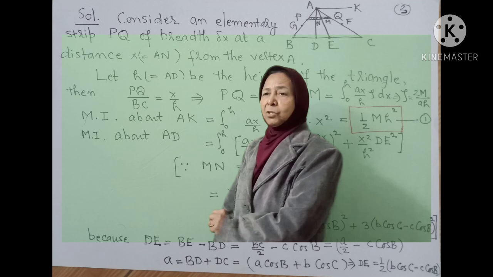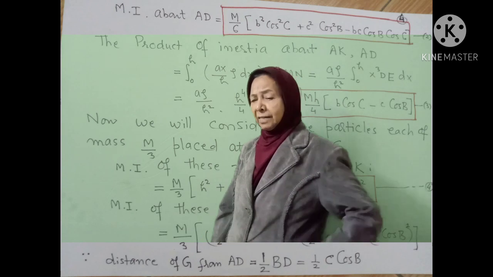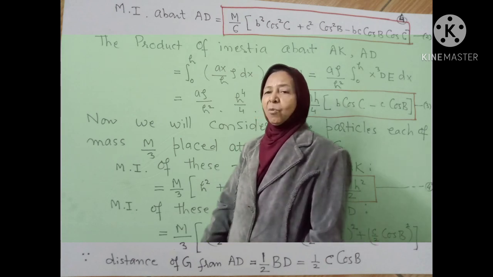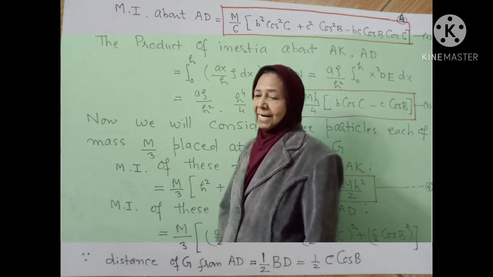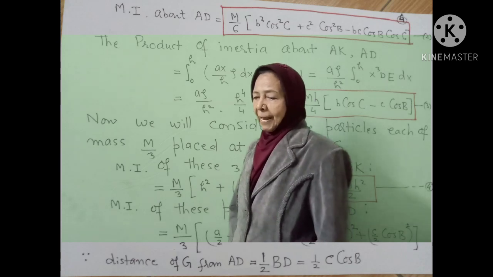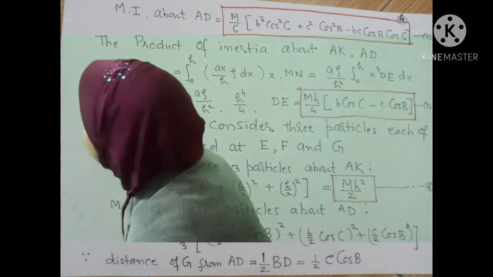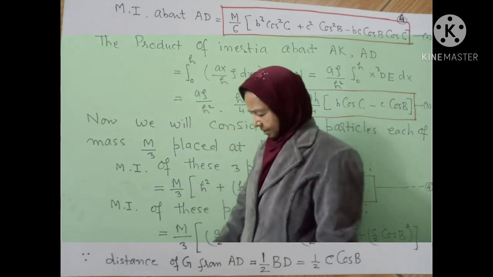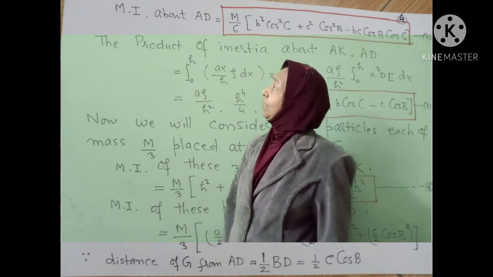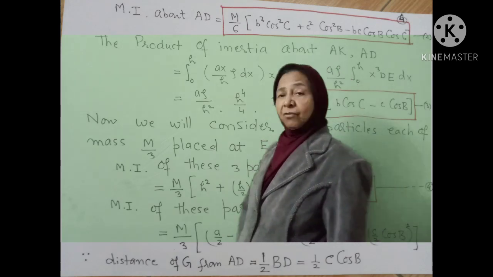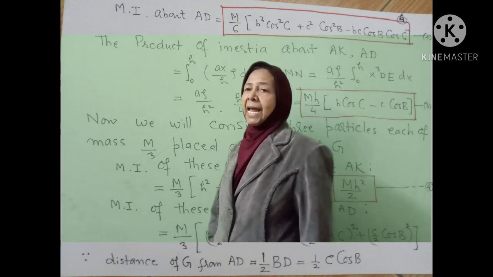Now come to the next slide, slide number 3. Now what is slide number 3? First of all, moment of inertia about AD is found. It is given as equation number 2. Now after that we will work out the product of inertia of this triangular lamina about AK and AD.